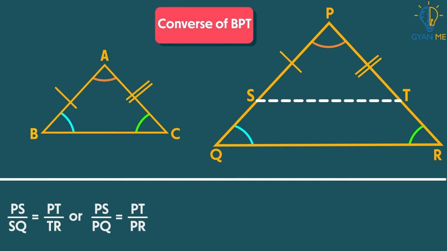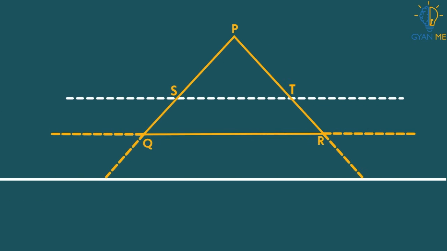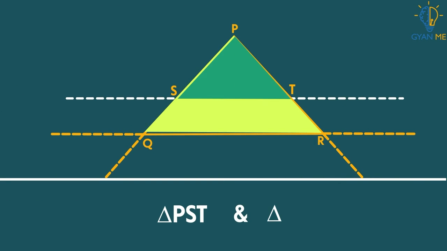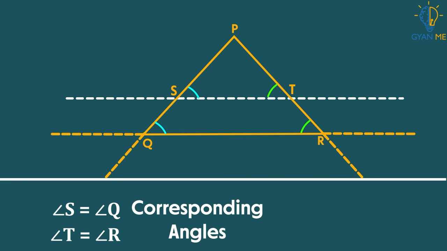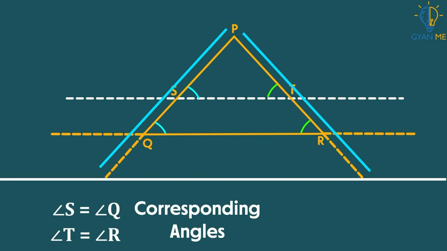Now students, for triangle PST and triangle PQR, we can say that angle S is equal to angle Q and angle T is equal to angle R, as they are interior corresponding angles of two parallel lines formed by transversal PQ and PR respectively.